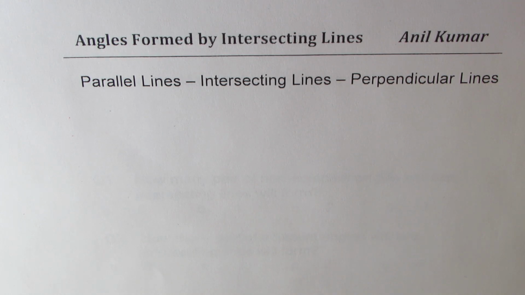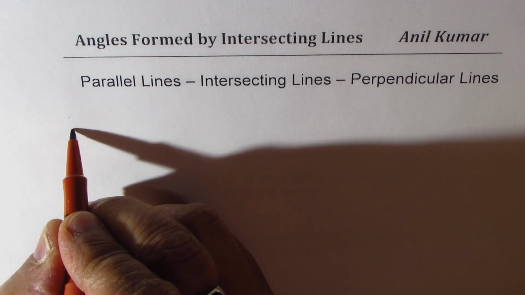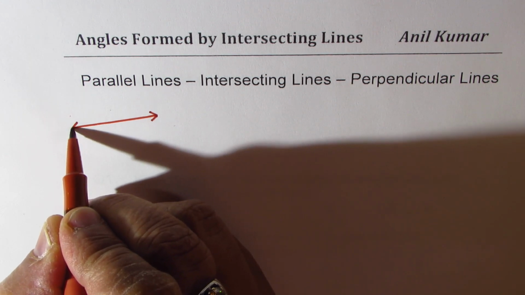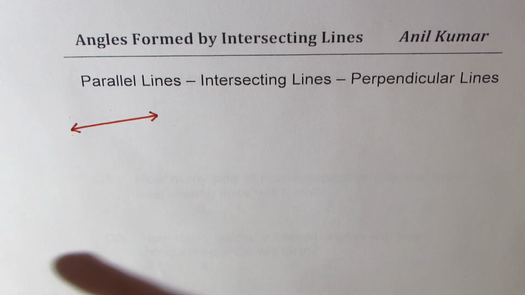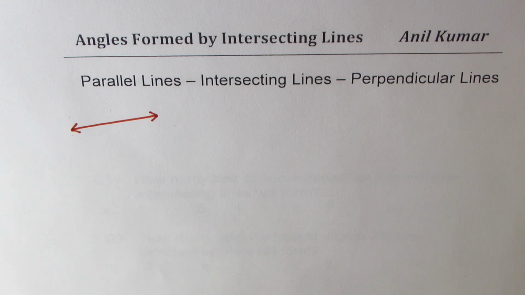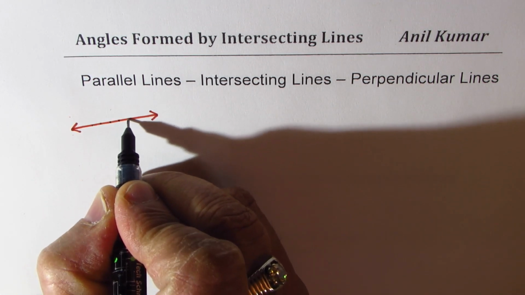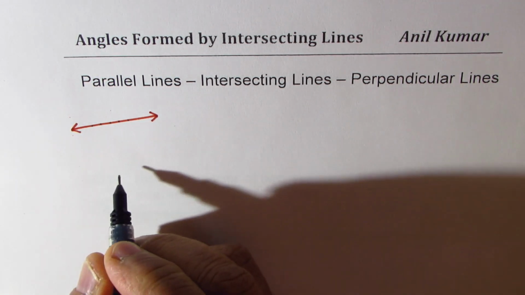So as far as the lines are concerned, lines extend on both the sides. We normally draw with arrows on both the sides. So what line is? Line is a set of points, right? So we have a lot of points on this line. We have many points, infinite points.